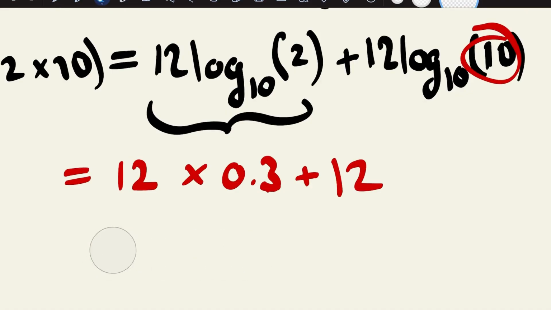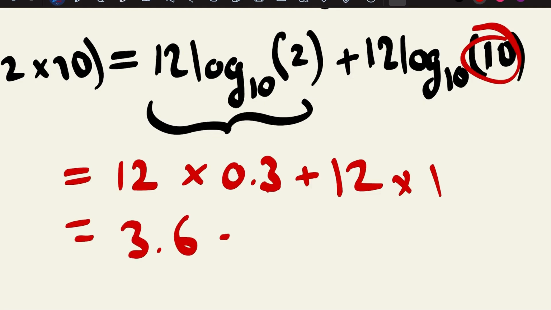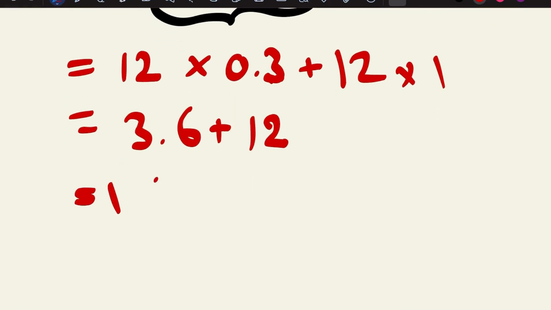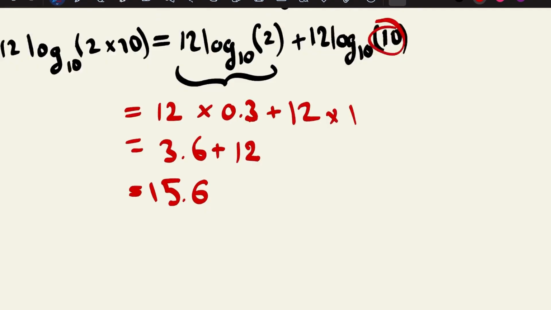So we don't need to worry too much about that. We can just write times 1. Now this is equal to 3.6 plus 12, and that is equal to 15.6.